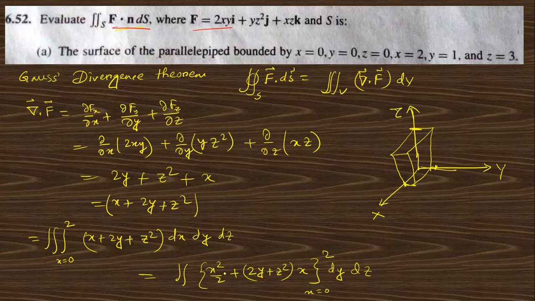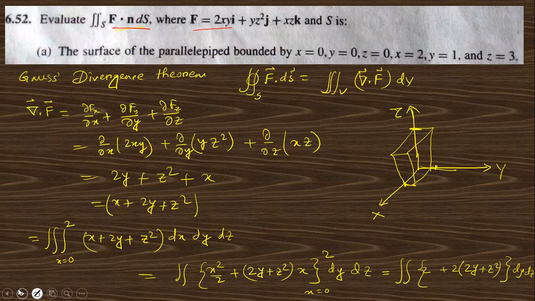Put x is 0, this is 0. If you put x is 2, 2 square is 4, 4 by 2 is 2, so this is 2 plus 4y plus 2z square, dy dz.